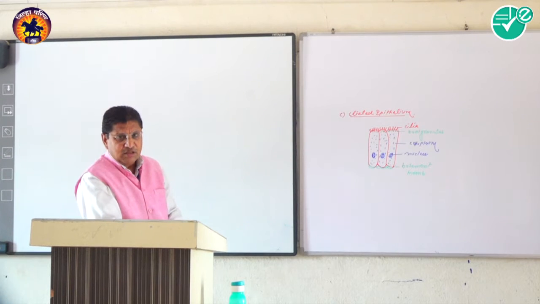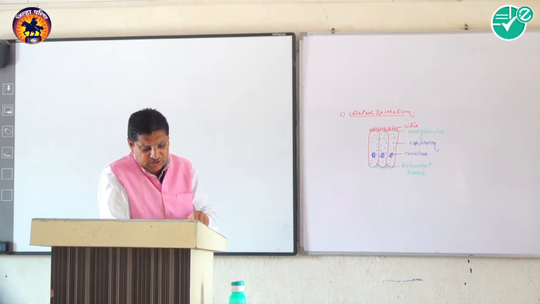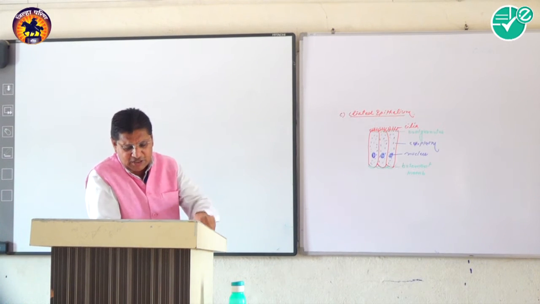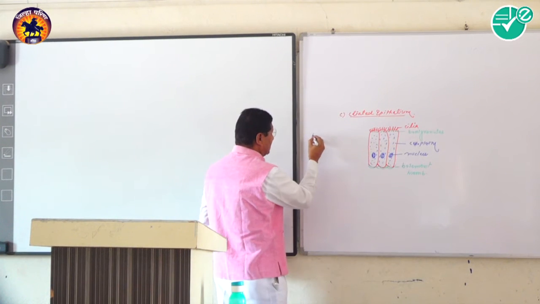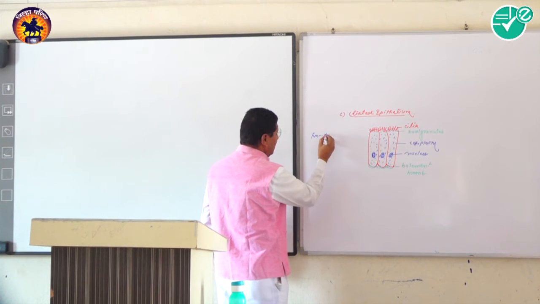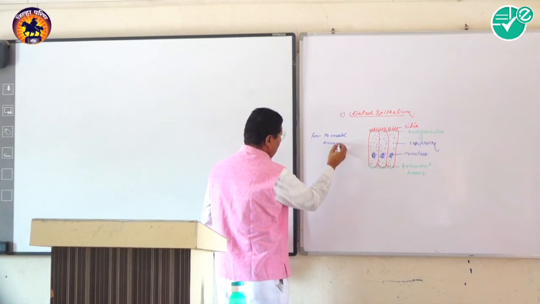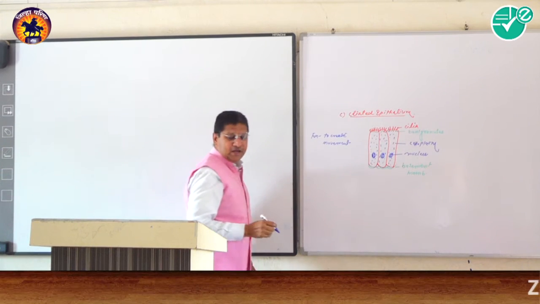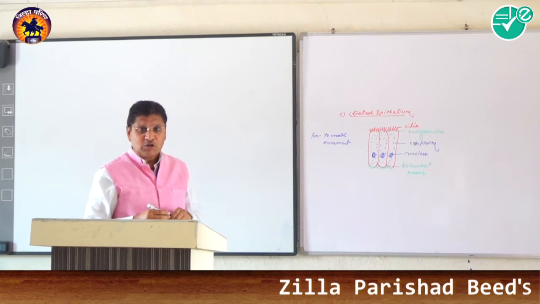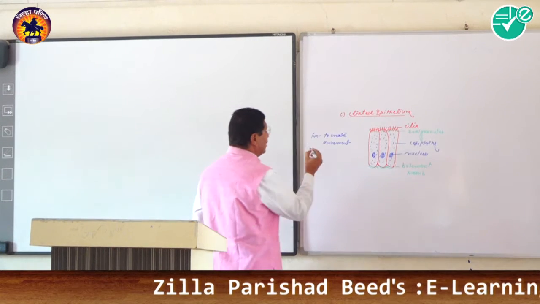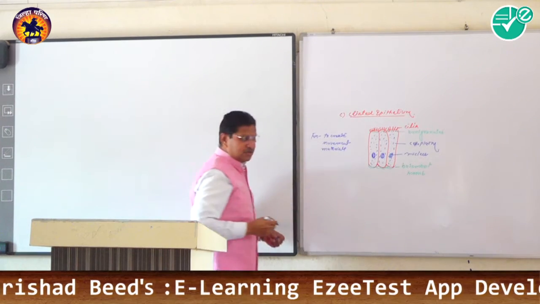When we consider the function of the ciliated epithelium, the main function is to create movement, and this movement sweeps out the material in a passage.